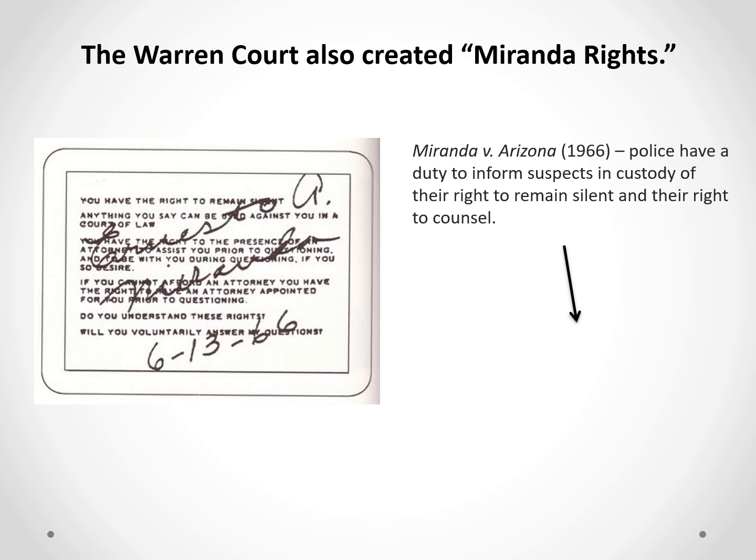Police have a duty to inform suspects in custody of their right to remain silent and their right to counsel. Otherwise, what happens? Otherwise, the confession gets thrown out. Exclusionary rule. Okay, so if you don't tell the person their rights and they confess, the confession gets thrown out. So that's a really bad result, right?